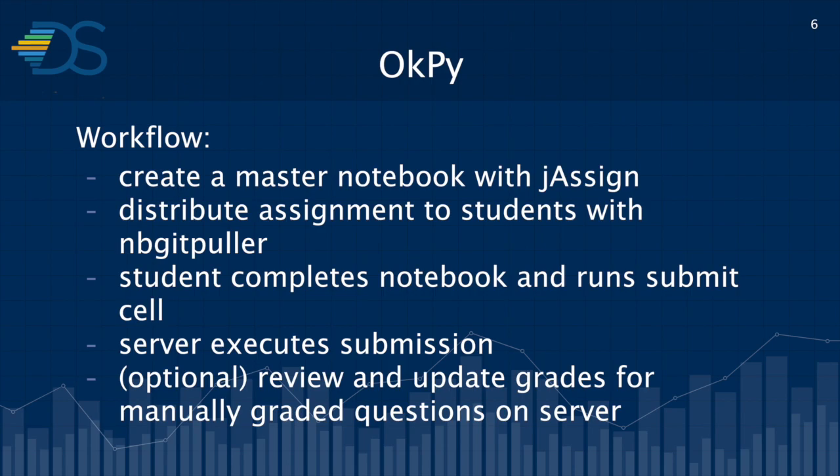Once you've used JSLine and created your distribution repo, assignments are then distributed to students who will work on an already deployed Jupyter Hub instance with NB-Git puller links. NB-Git puller is a Python package that works with Jupyter Hubs so that, given a specific link, when a student clicks this link, they'll be redirected to a Jupyter Hub instance.